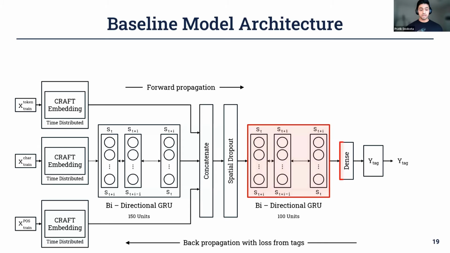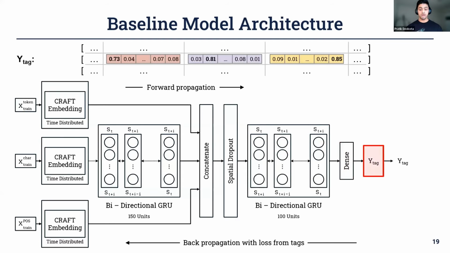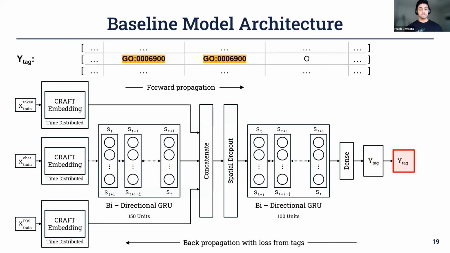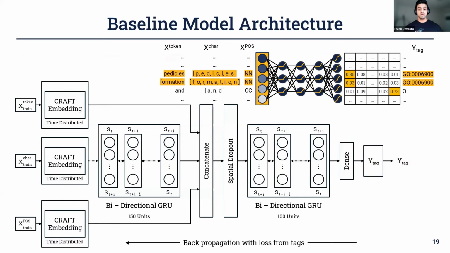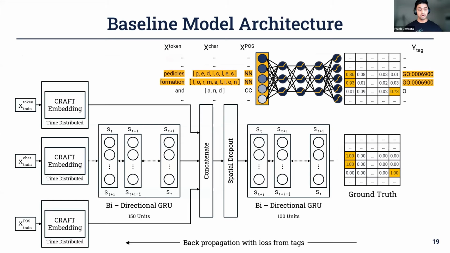Now we have the dense layer, which is used to combine all of the features that we have learned from previous layers. And finally, we have the output layer that outputs the probability distribution of each token. And then a concept with highest probability becomes our output token. Of course, for the model to learn, the final output is to be compared to what it's supposed to predict, which we call the ground truth.